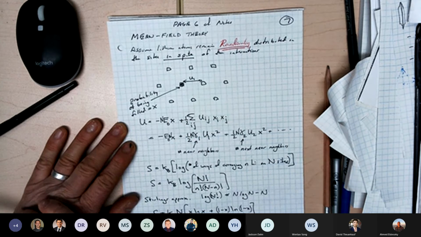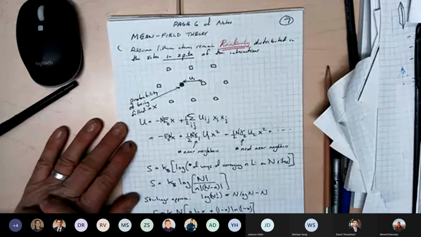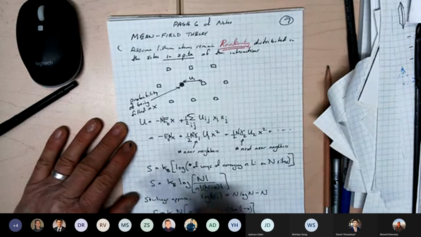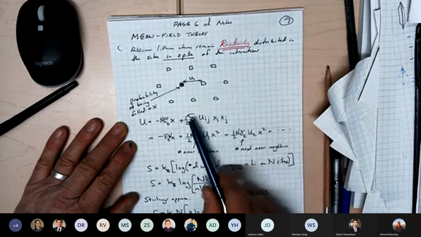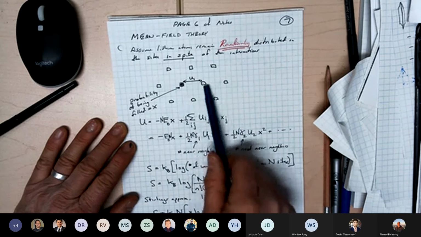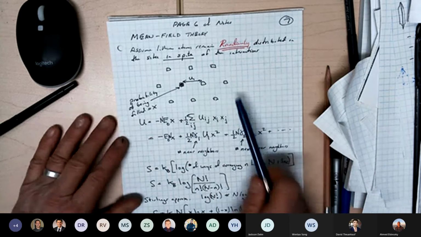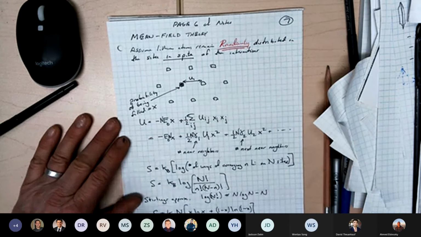Okay, so this is a very dramatic assumption, right? It's always going to favor entropy because the biggest entropy you can get is a random distribution. You're just going to say, I know there's an interaction, but I'm going to assume they're randomly distributed anyway.